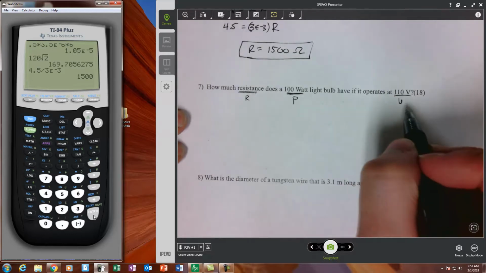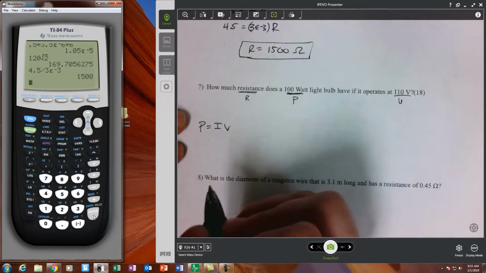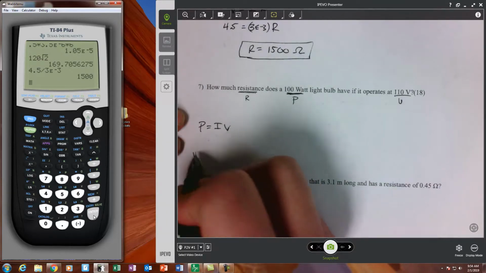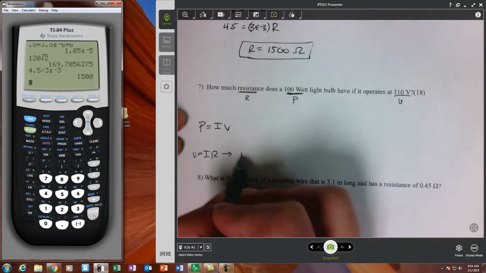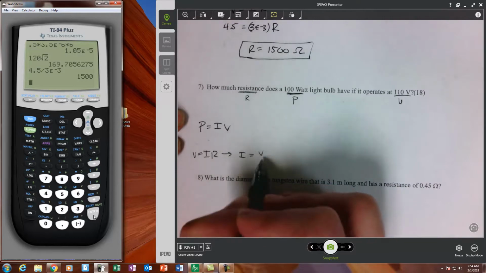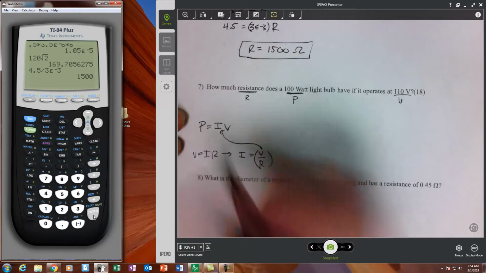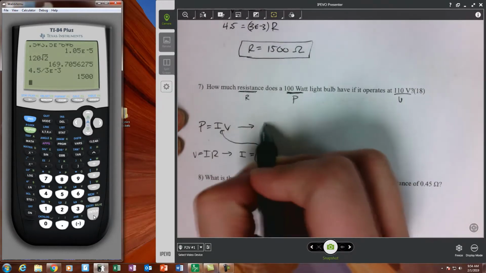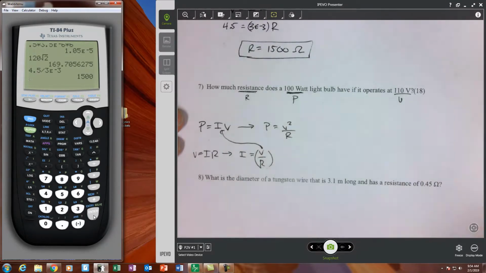Now you have to remember that P, by definition, is IV, but we know that V equals IR, and since I don't actually know the current, I'm going to rewrite this as I equals V over R, and that stuff can come up here. Similar to what we did with the capacitor potential energy problem. Power is now going to equal V squared over R.